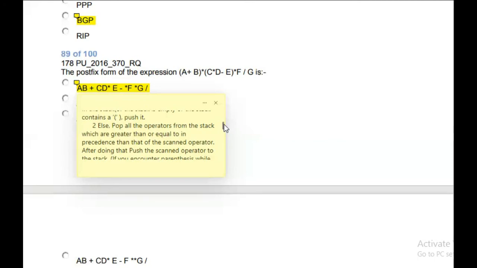If the stack contains many operators, the highest precedence goes to the raised-to operator.